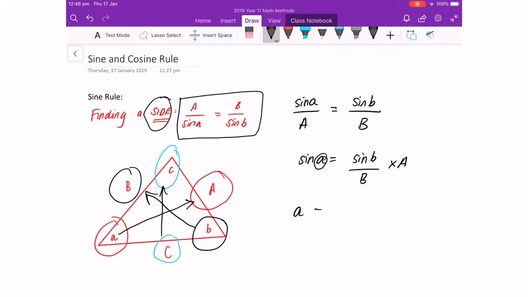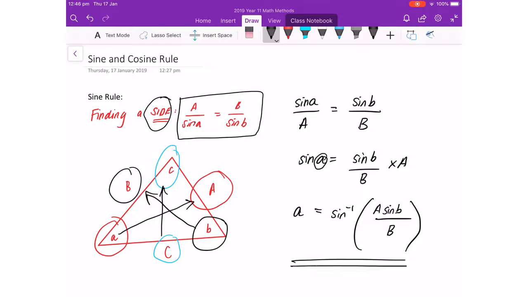So I'm going to do A is equal to sine to the power of -1, which just indicates the inverse of, and I'm just going to write the a on the top with it, like that. And that's how you can find an angle of an unknown triangle when you're given two of the sides and one angle, okay? As long as they're corresponding pairs.